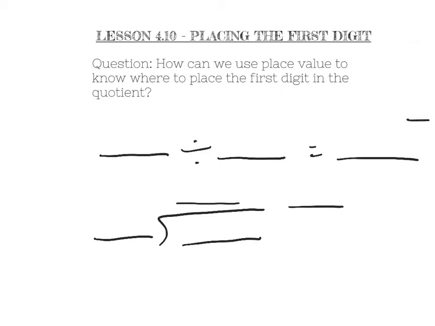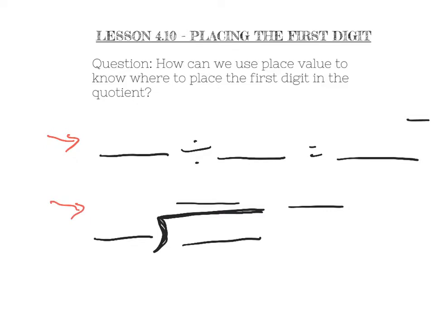Usually we see it in a line like this, and then sometimes we see it with a little division sign like this. And it's both the same thing. So when we see division, we need to know which way to turn it around. If we see it this way, we need to know how to switch the numbers around so they go like this. Otherwise, you get a completely different answer.